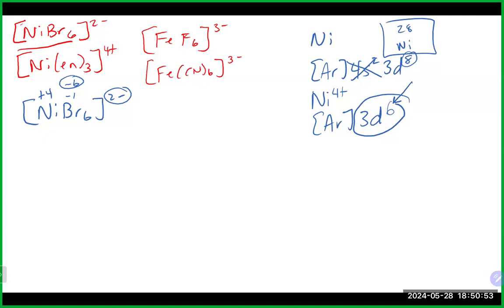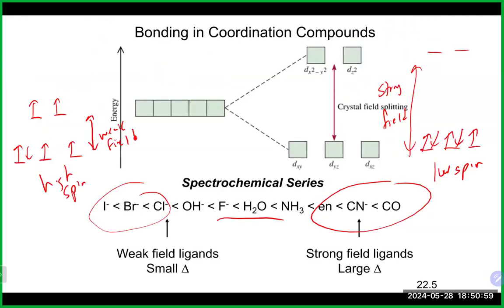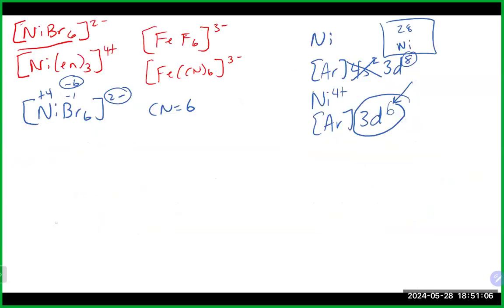When we look at this, this is a coordination number of 6, which is our octahedral splitting. We do want to look at bromine, and bromine is a weak field ligand, which means when we get the splitting of the lower d and the upper d, we will end up with a weak field here, which is a small splitting.